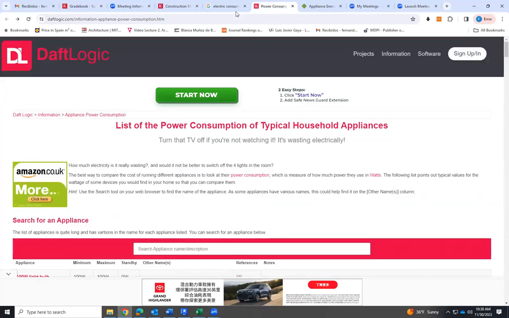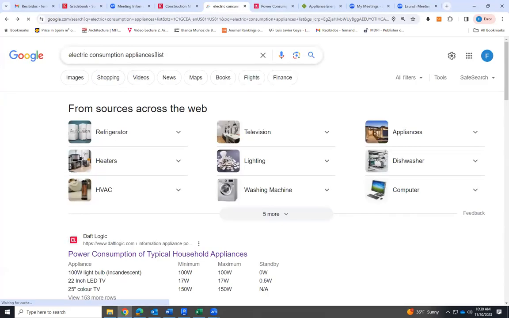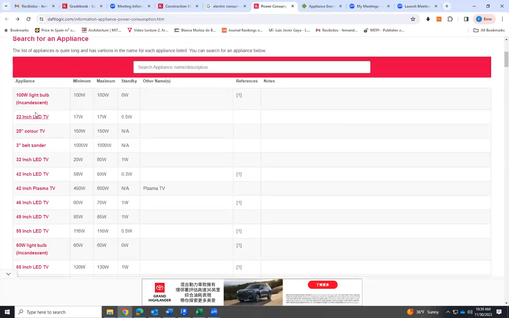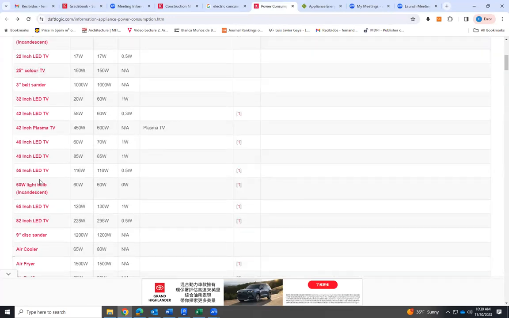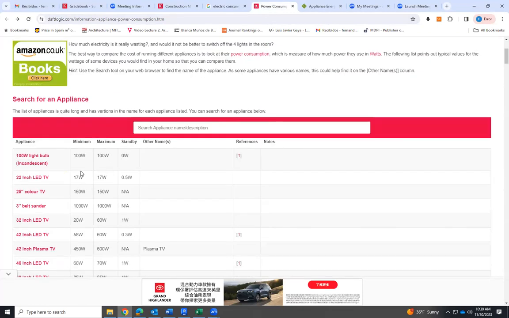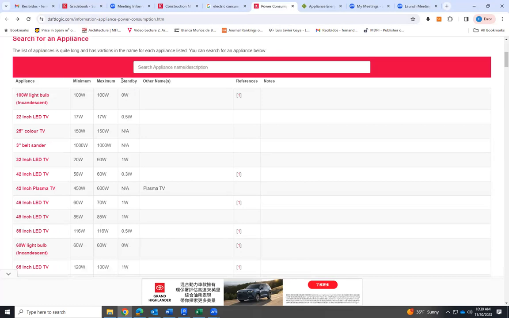power consumption or electric consumption appliances list, and you will have a lot of data here. For example, this one, if you open this, here we have a list of elements, and this is the power. And that's interesting because even in standby mode, some of the appliances consume.